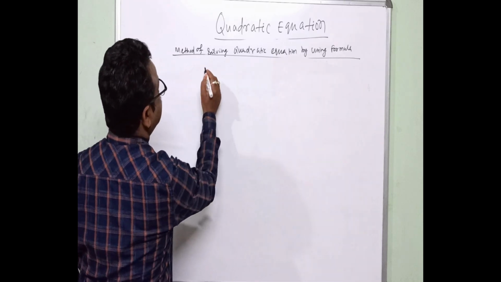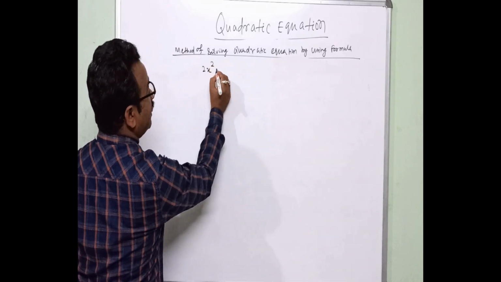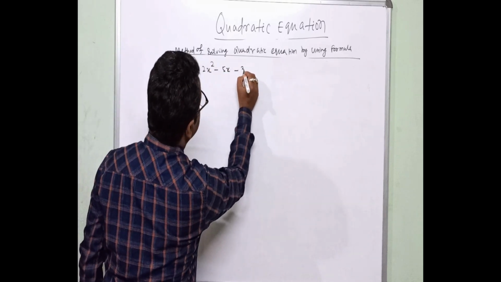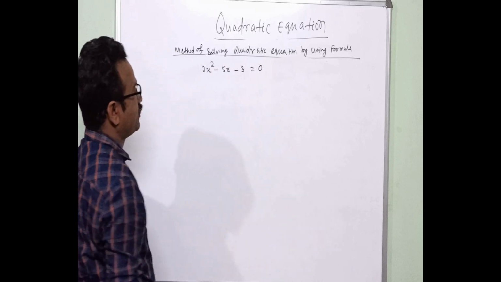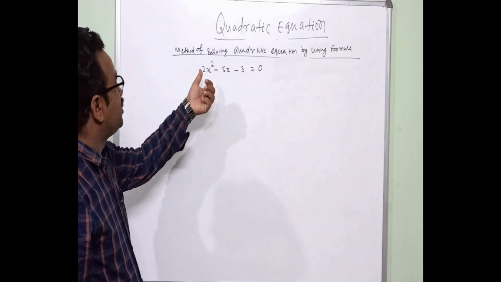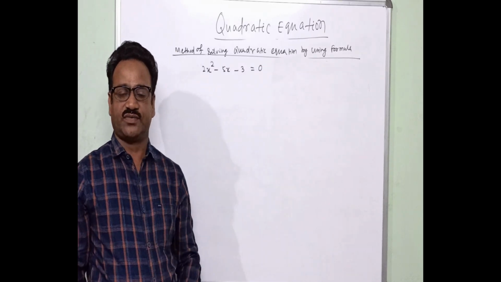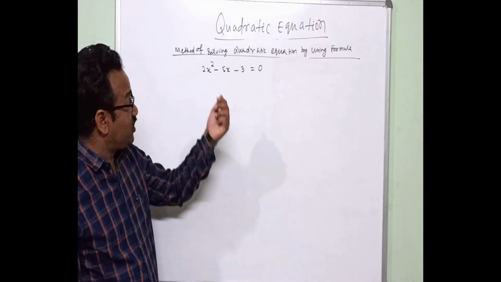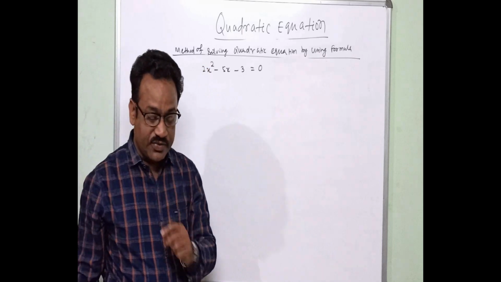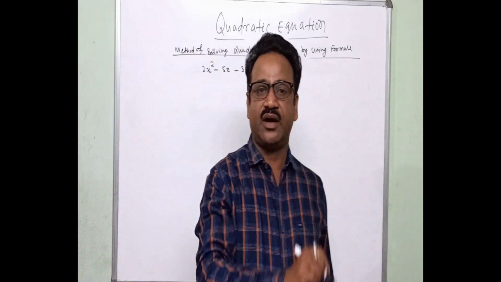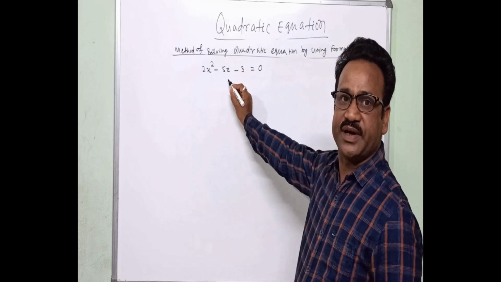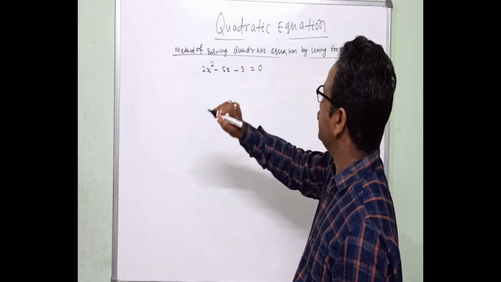Here 2x square minus 5x minus 3 is equal to 0. This question we have already discussed in the method of factorization. Now we will solve the same question using the formula. So 2x square minus 5x minus 3 is equal to 0.